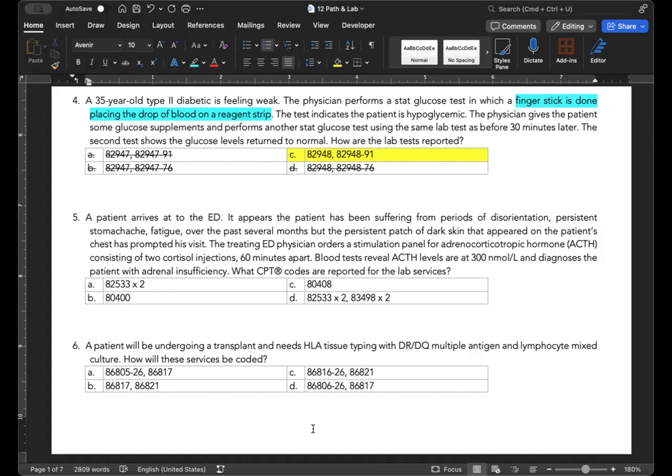So for this one, I have 2 that have 82533. Okay. So let's go look at that code and see if that matches our procedure or our lab test.